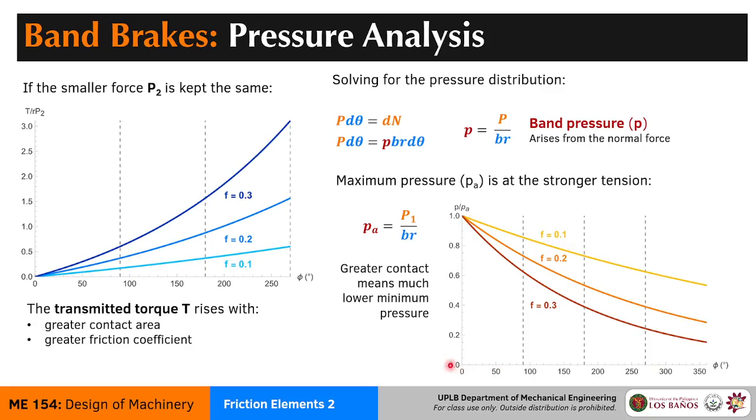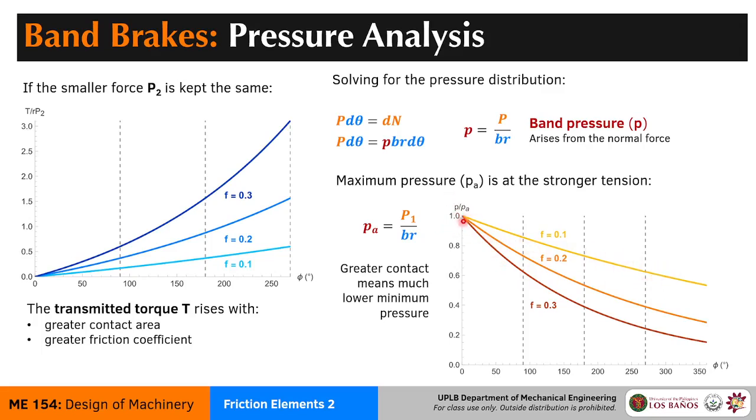What's going to change instead is if you wrap more of the belt around the drum, the smallest pressure over the entire band will actually decrease. If you have a very low friction material, the pressure will decrease slower. So there will be a slower decrease.